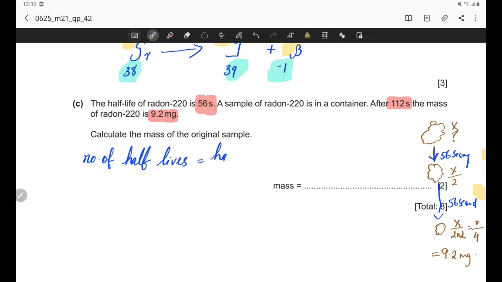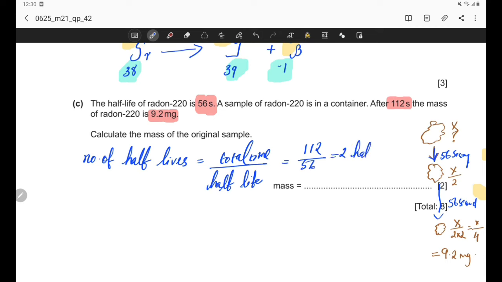The number of half-lives is the total time over the half-life, where the total time undergone is 112 seconds over the half-life of 56 seconds. So we get 2 half-lives.